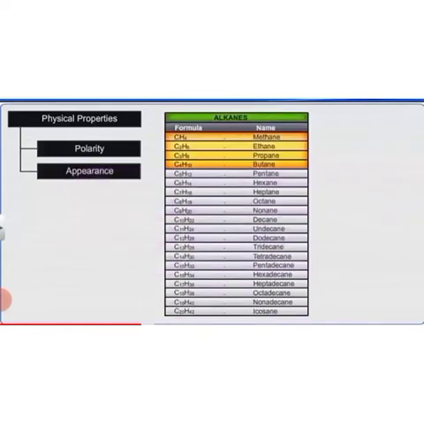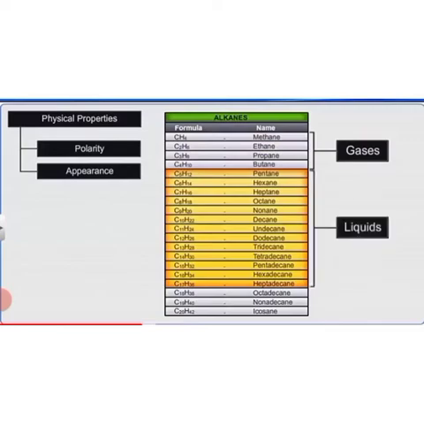Therefore, the first four members of the series, C1 to C4, are gases. C5 to C17 are liquids, while the molecules containing 18 or more than 18 carbon atoms are solids at 25 degrees Celsius.